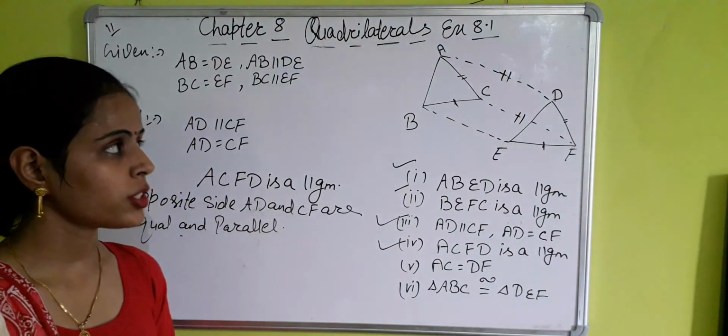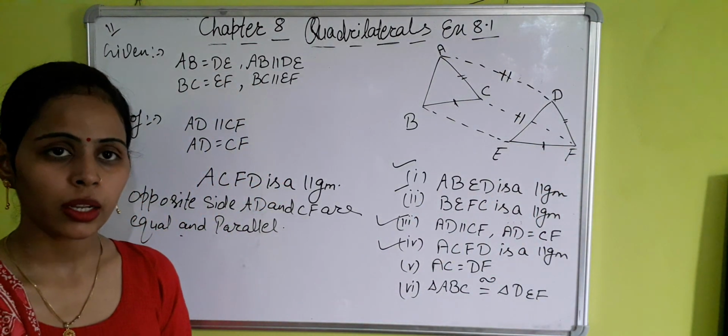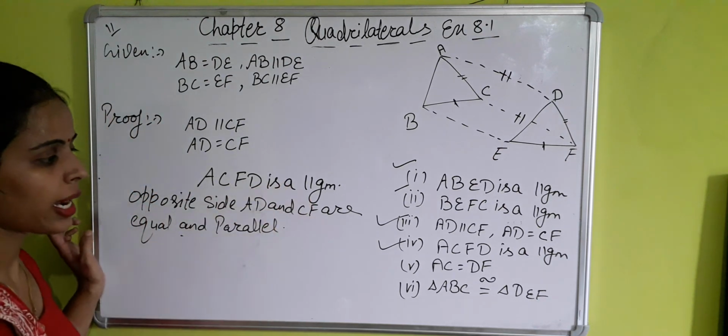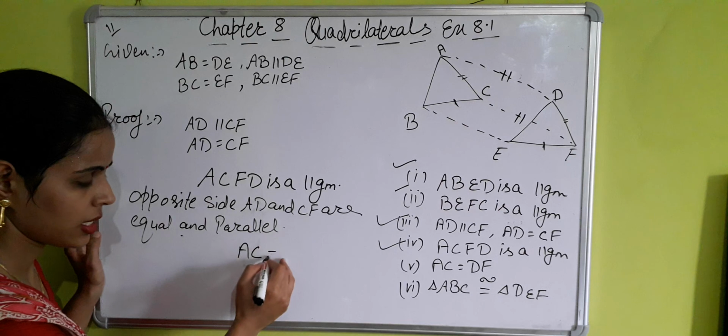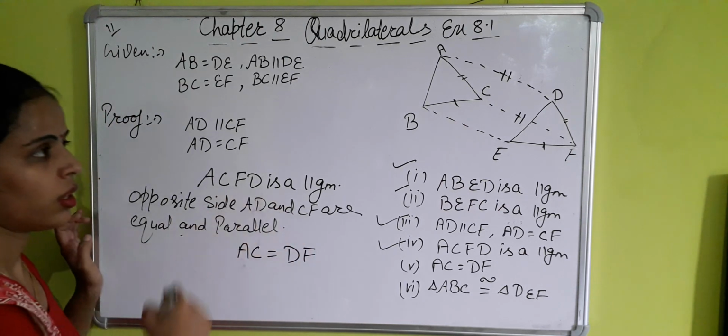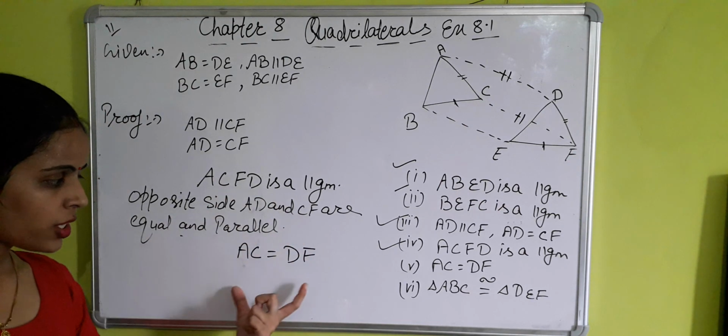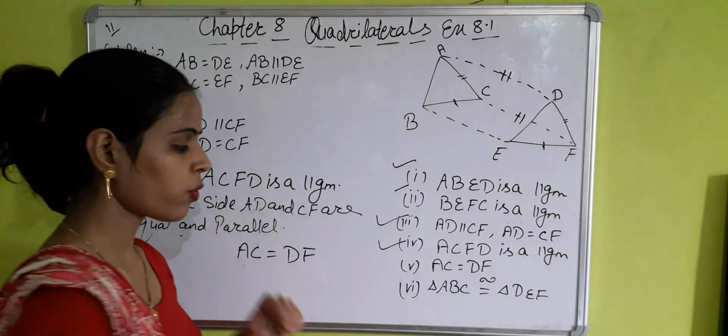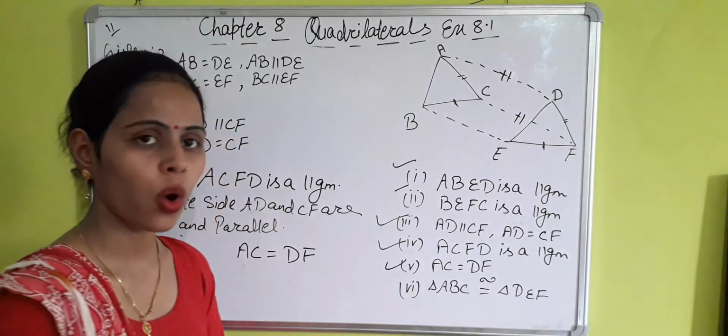Why? Opposite sides of a parallelogram are equal. With the help of fourth part, fifth part is also proved.